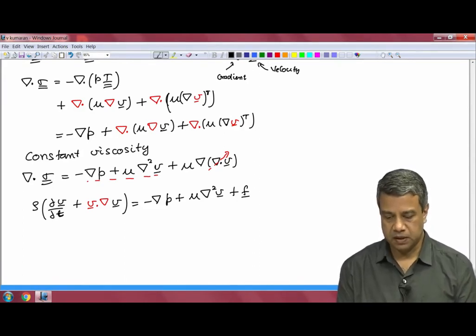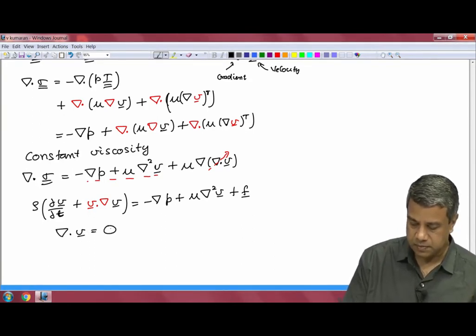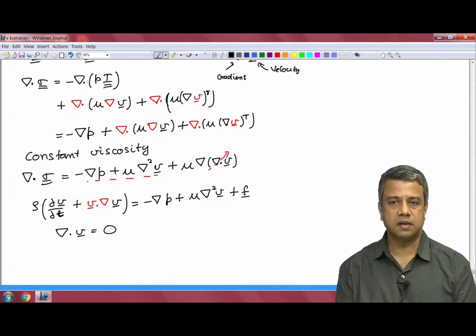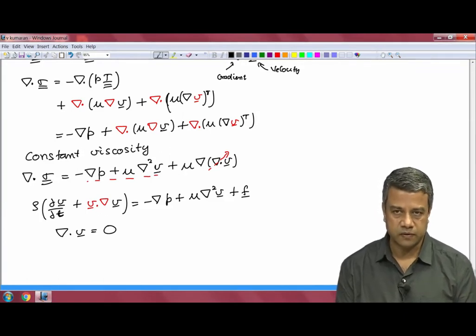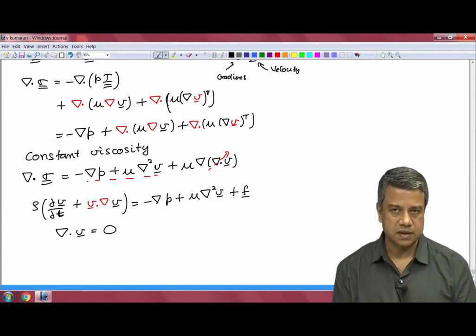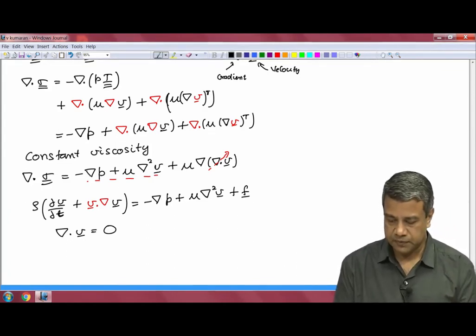This together with the mass conservation equation is a complete set of equations to determine the velocity and the pressure for an incompressible fluid with constant viscosity.